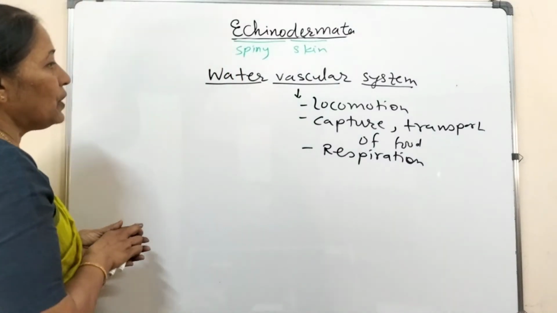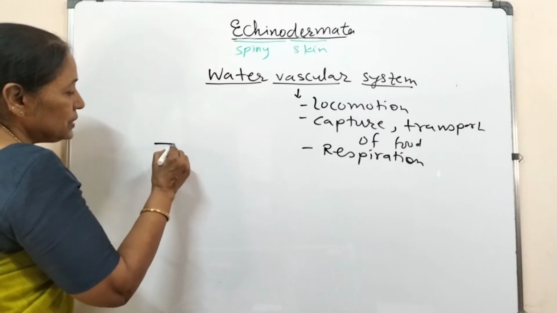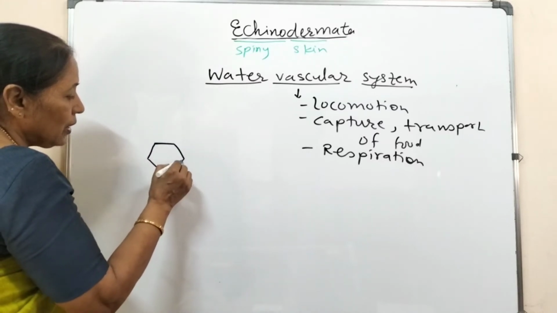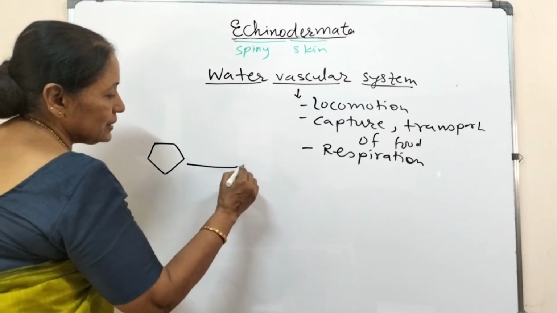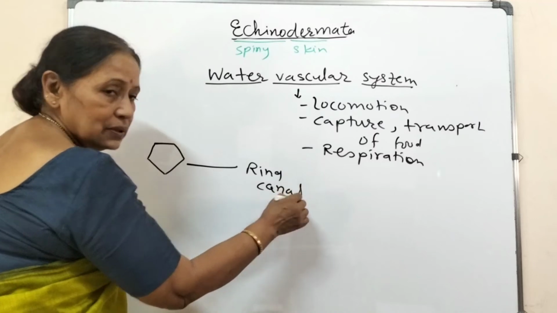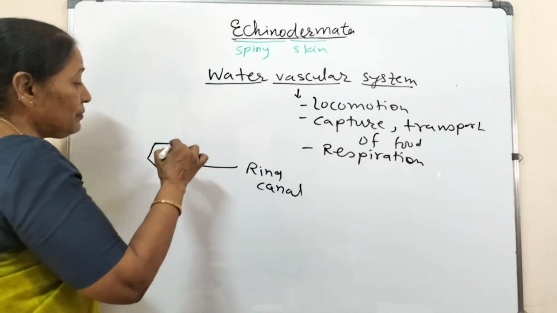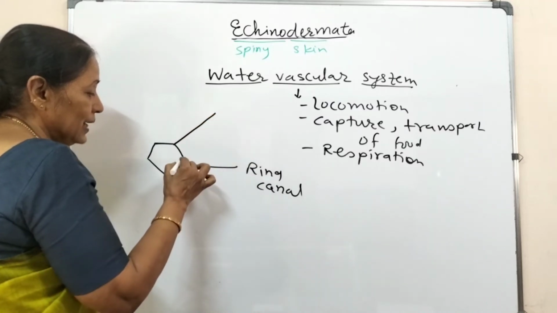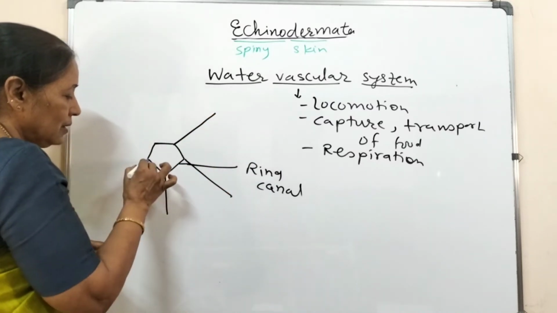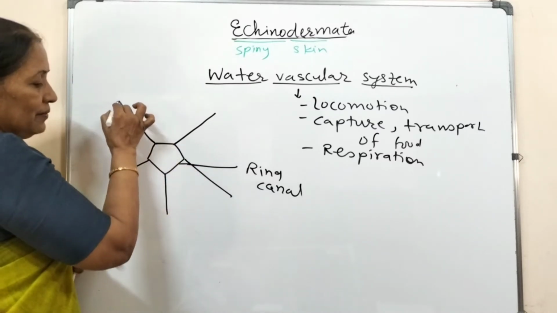Just see how the water vascular system is. Around the mouth there is a canal called the ring canal. Now, in each arm there are radial canals, 1, 2, 3, 4 and 5.